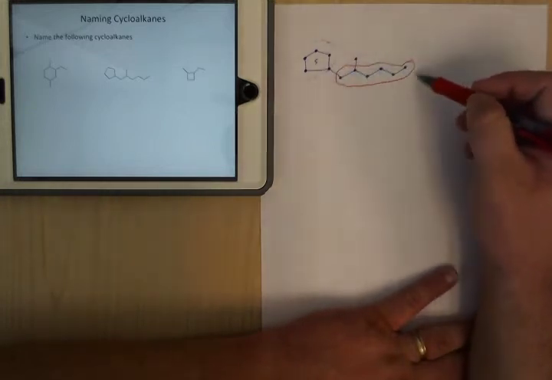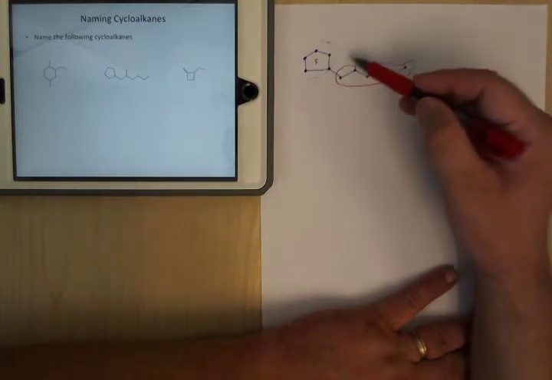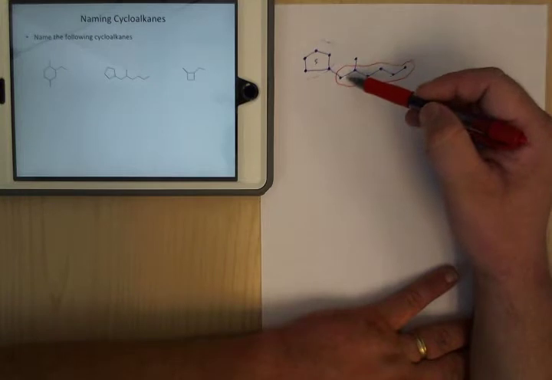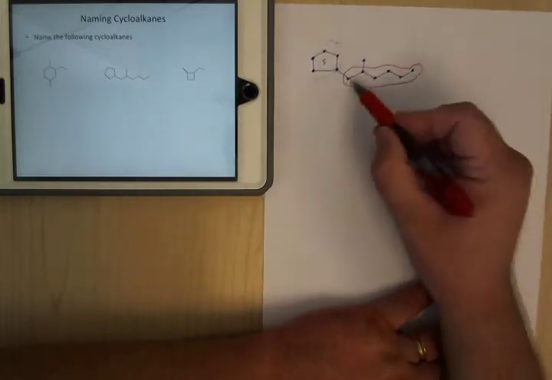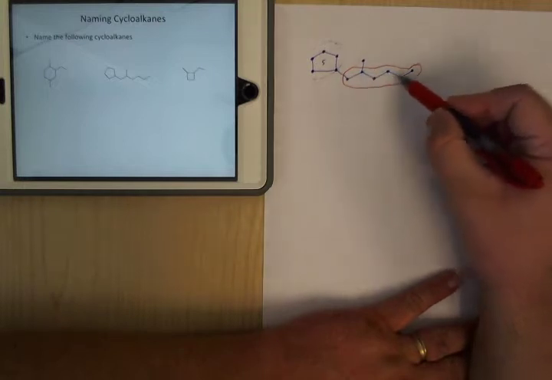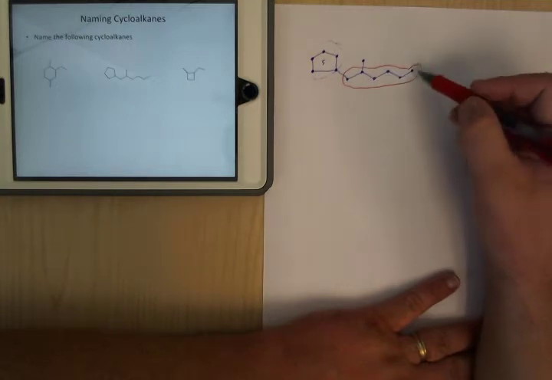So technically you could do it, but it's going to be much easier to do these 2 separate side chains as opposed to this one here. Okay, so this is actually our main chain here, because the ring is 5, and our straight chain is 6 long. So since it's larger than the ring, we're going to say that this is the main chain.